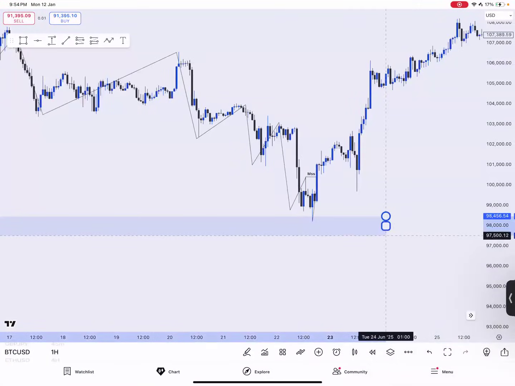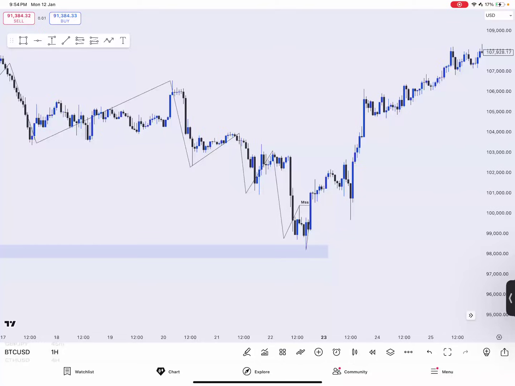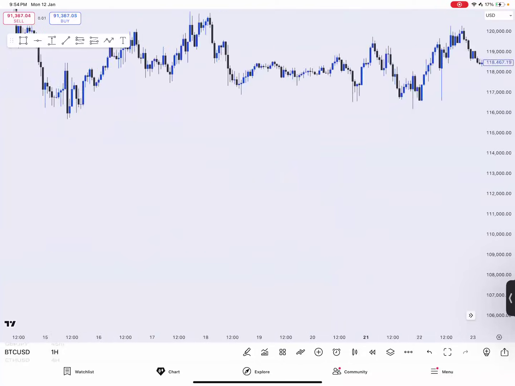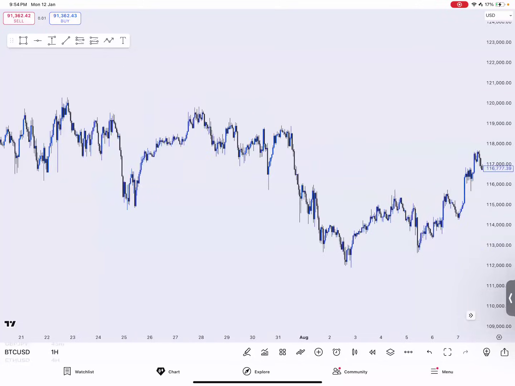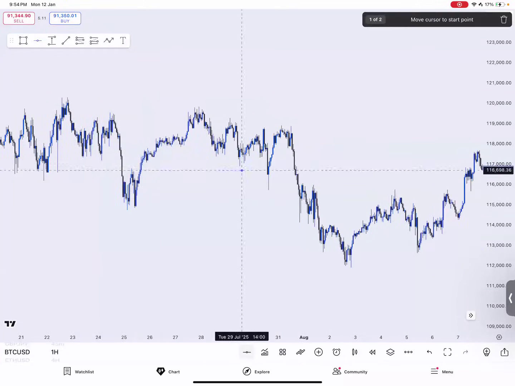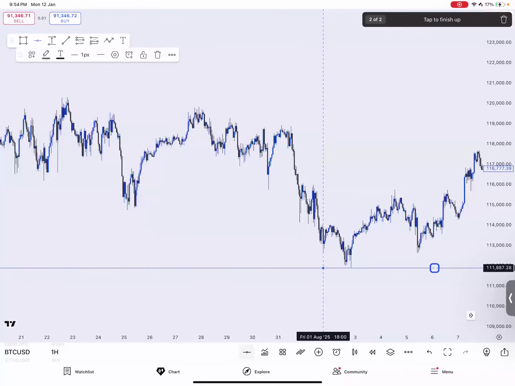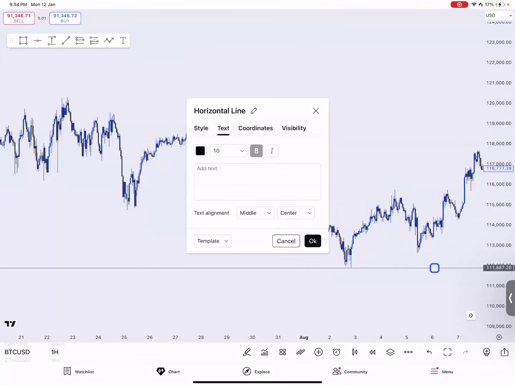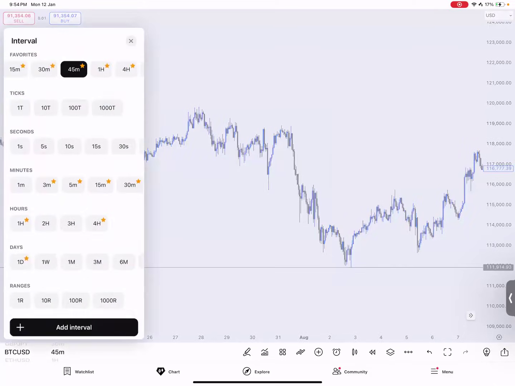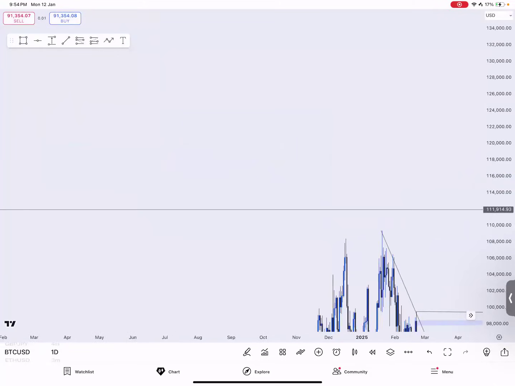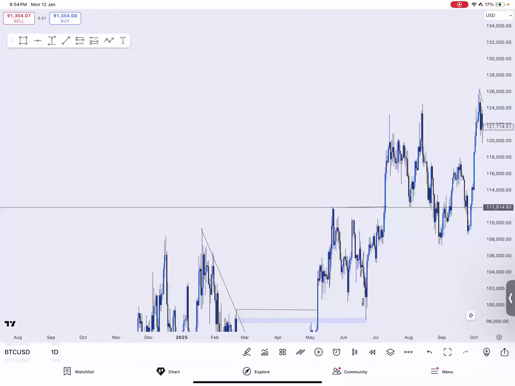So this is the first zone I marked out on that daily time frame. Let's go to the second zone. The second zone is here, which is this daily time frame breaker as well.